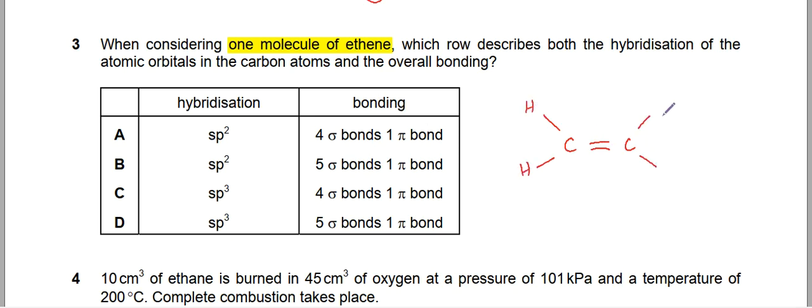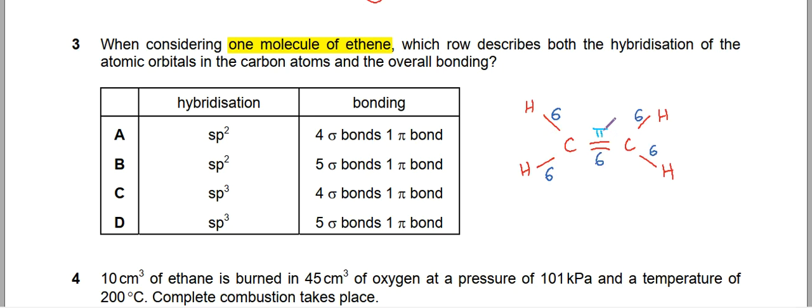All of the single bonds are sigma bonds, so we're going to have 1, 2, 3, 4, 5 sigma bonds, and then we're going to have 1 pi bond.